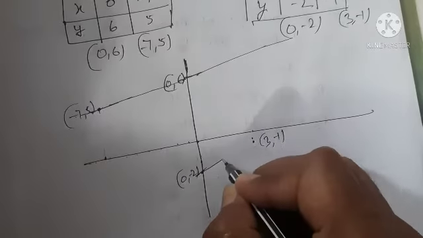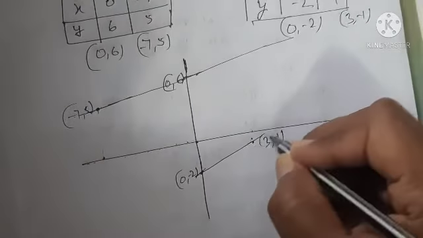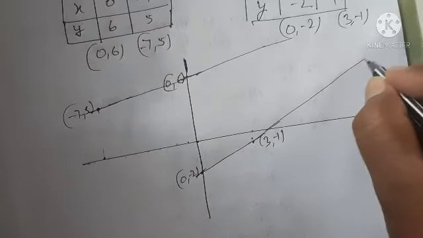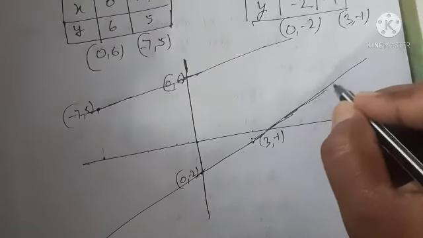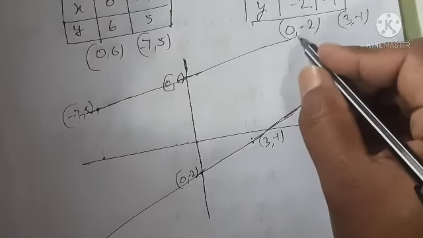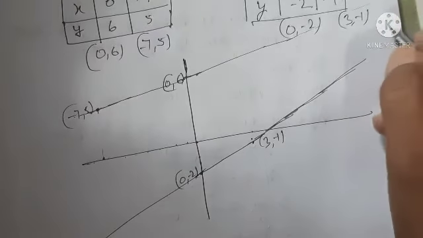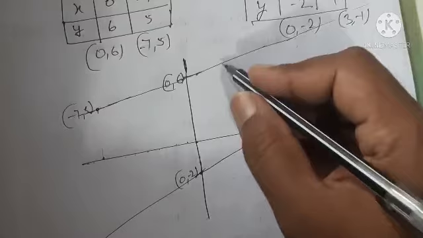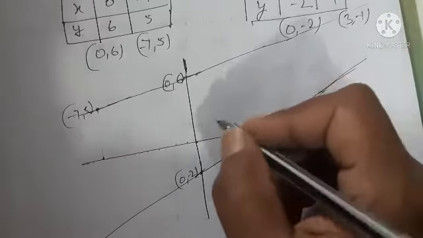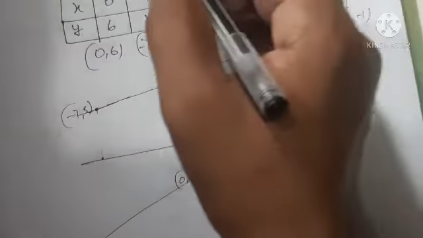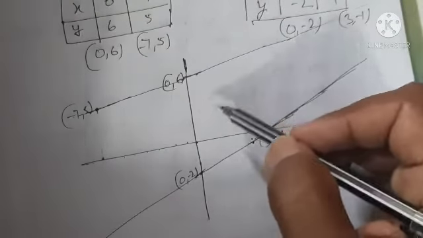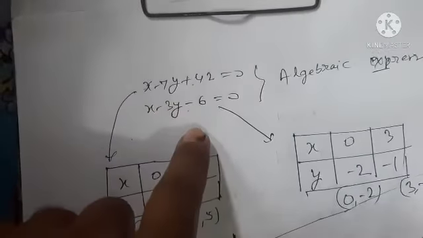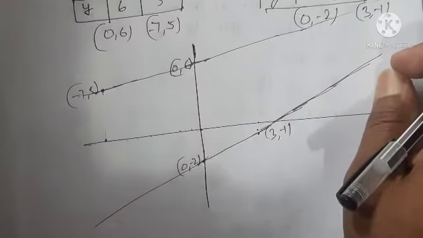Join these 2 points, and this will be the graph of the second linear equation. They will meet after traveling some distance out of this page. Okay, these are not parallel, they will meet. This is the algebraic representation, this is the graphical representation.